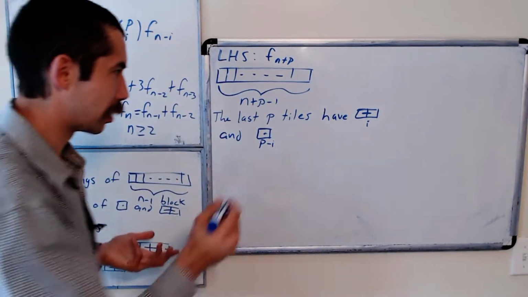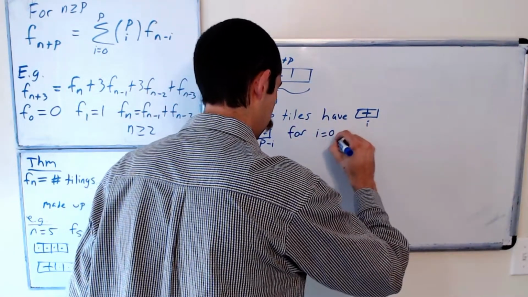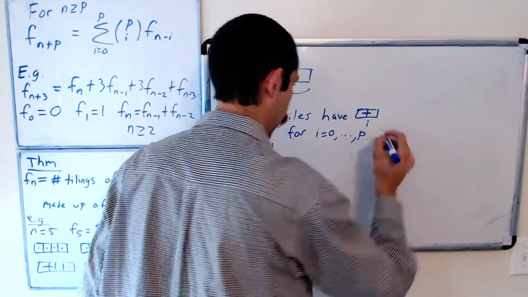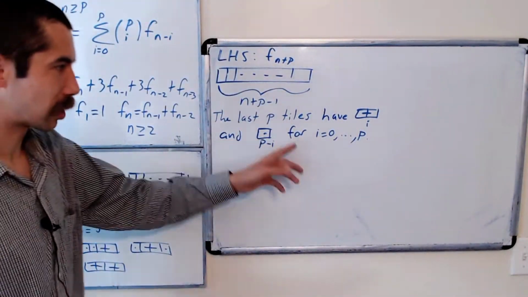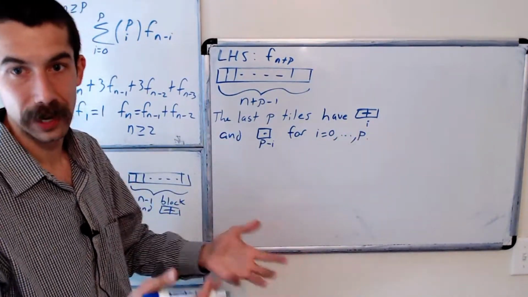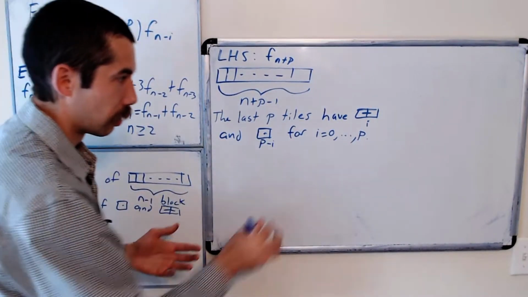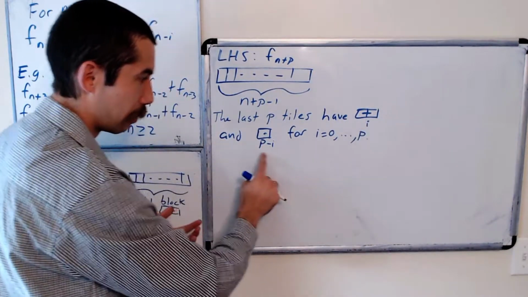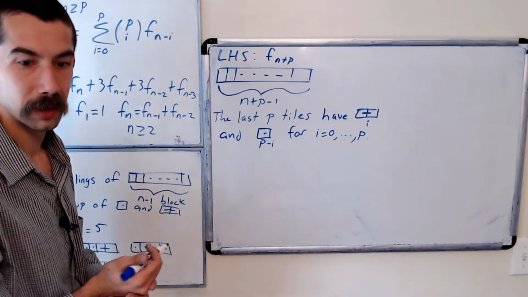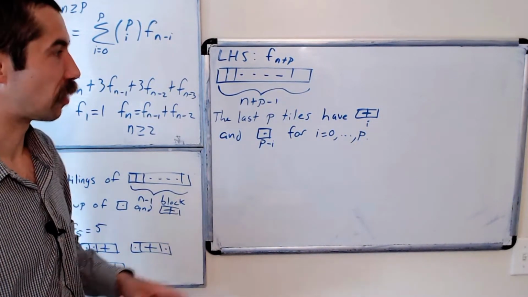And i could be any value between 0 and p. So the last p tiles could be some combination of dominoes and monominos, we don't know the order yet, we're going to have to order them. Say there's i dominoes and p minus i monominos.